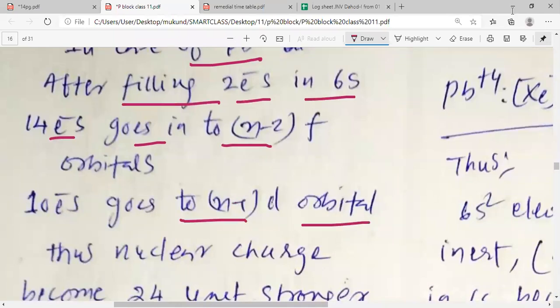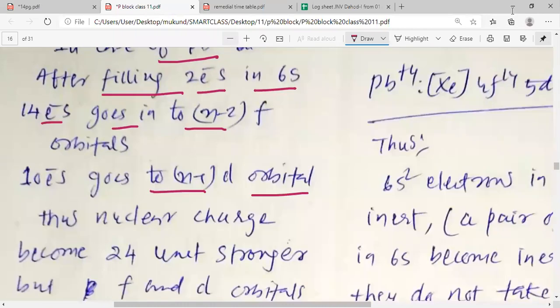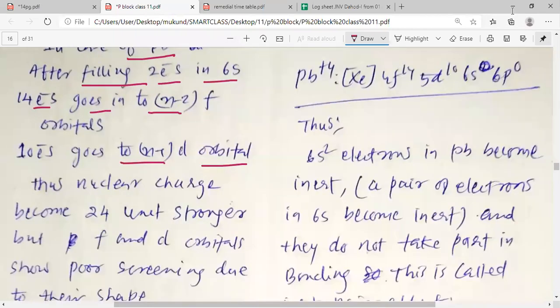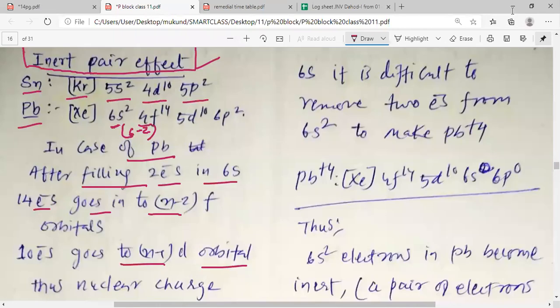Do you understand this? If you look into the electronic configuration, this is 6 minus 1, that is 5d. Here you have n equal to 6, so that starts from 6s2.